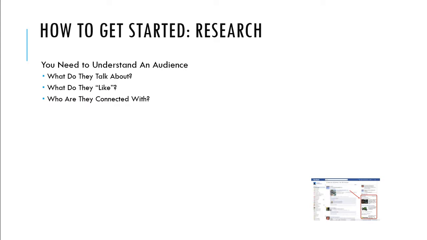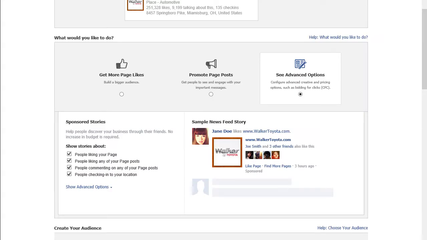And although we're not going to get specific into the Facebook ad network in this video, I do want to show you a portion of it so that you can understand why I'm saying here at the beginning, before we talk about ads, before we talk about the ad network, that you must understand your audience with Facebook. Let's take a look at the Facebook ad network from the inside so that you can see what I mean.